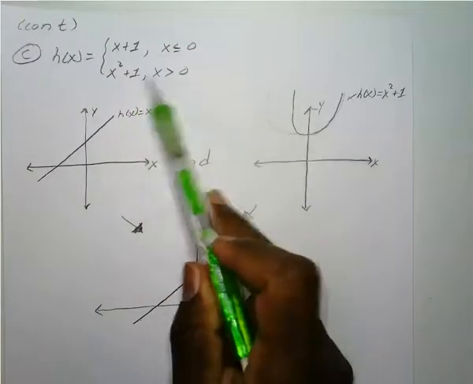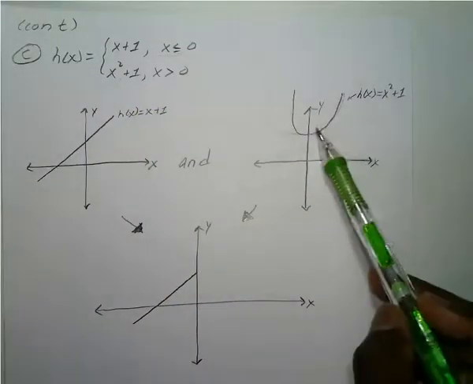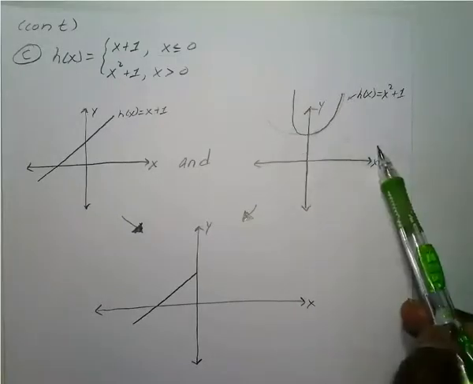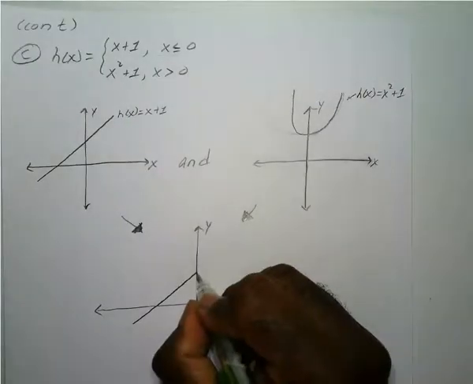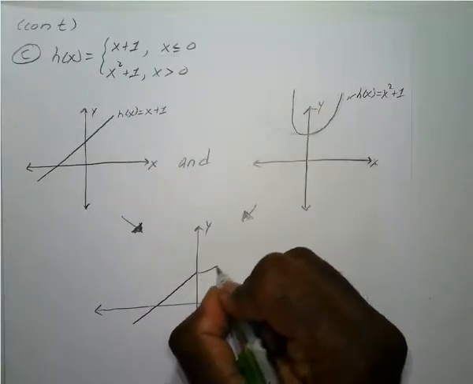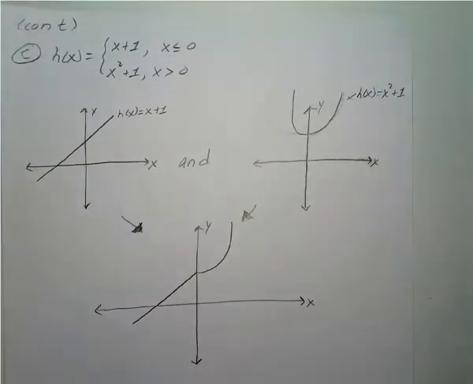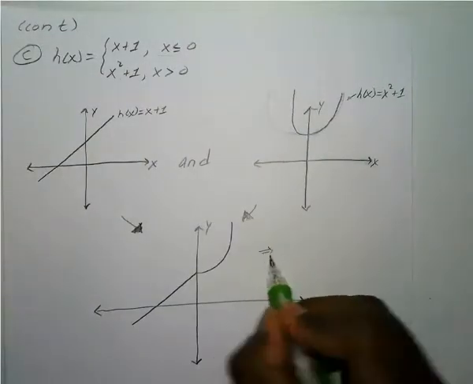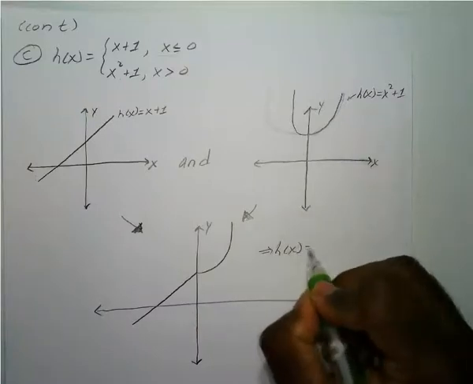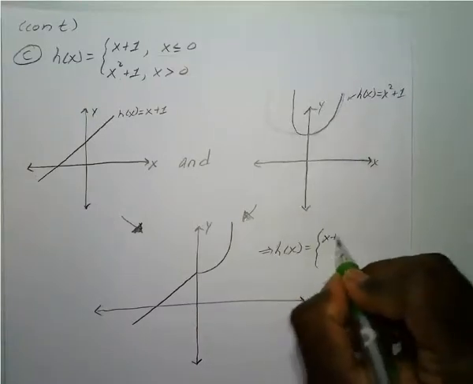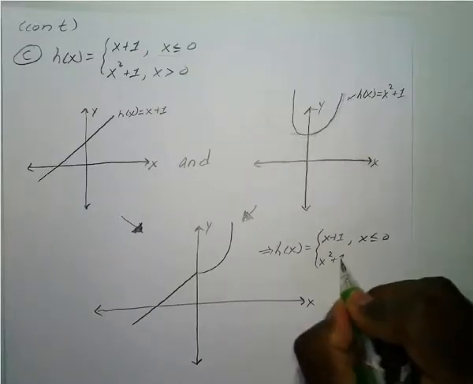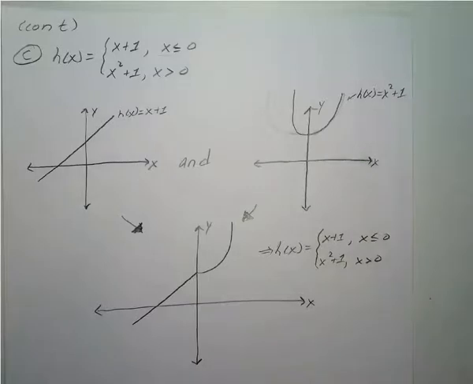And x squared plus 1 for x greater than 0, we're going to use this part of the graph, because remember x is greater than 0 on the right side of the y-axis. Okay, so that's how we have our piecewise function, which is basically combining both sides. H of x equals x plus 1 for x less than or equal to 0, and x squared plus 1 when x is greater than 0.